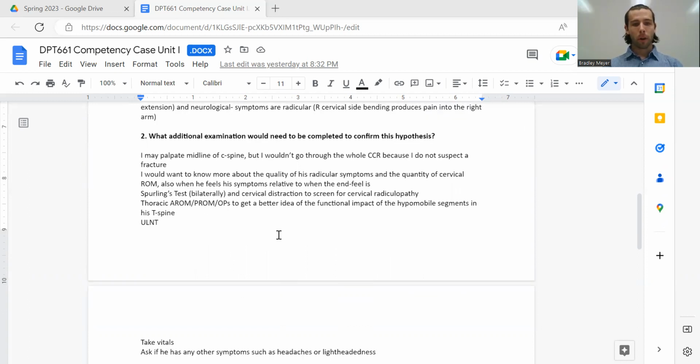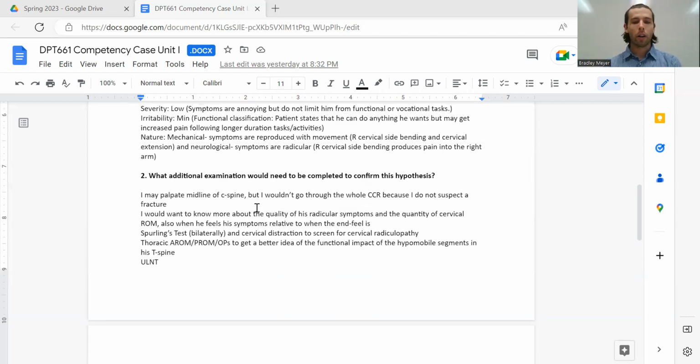I would want to know more about his radicular symptoms, like the quality and the quantity of his cervical range of motion, and again, just to give more information on the irritability status when he feels his symptoms throughout the range of motion.